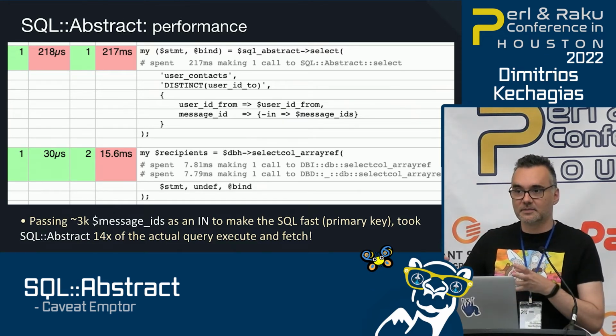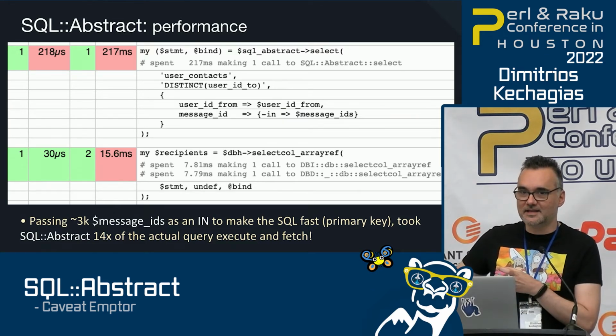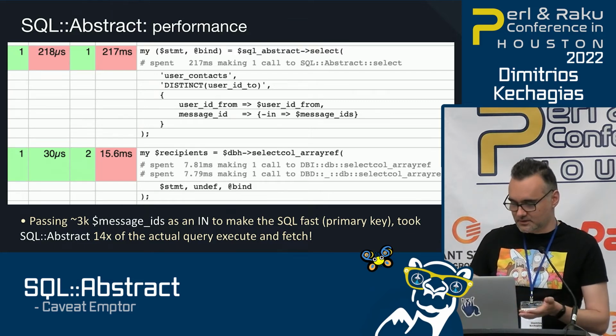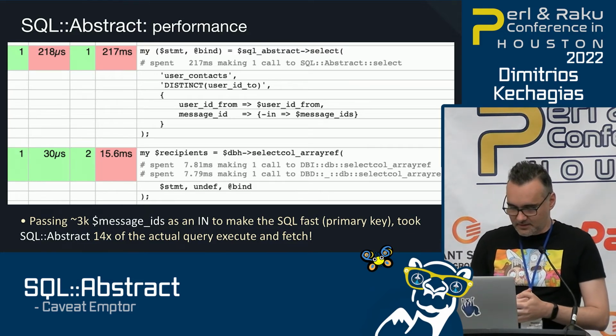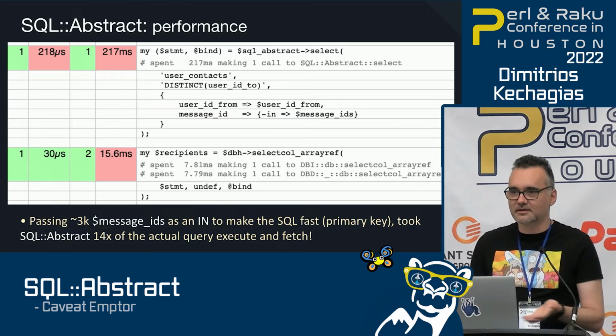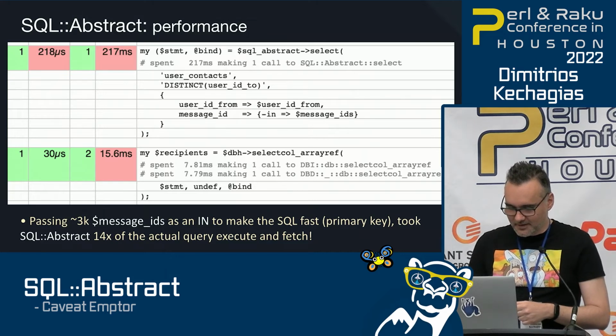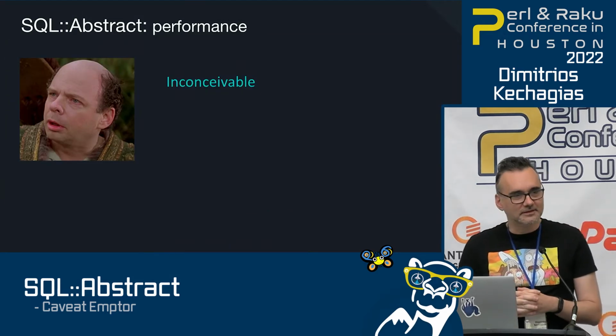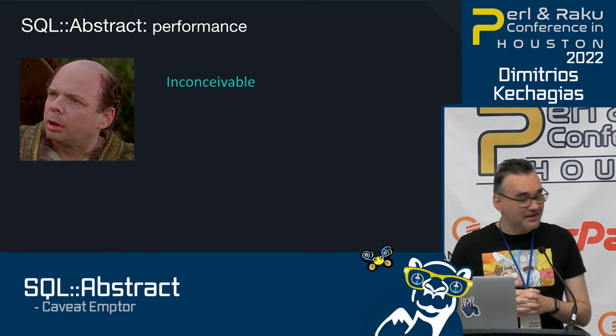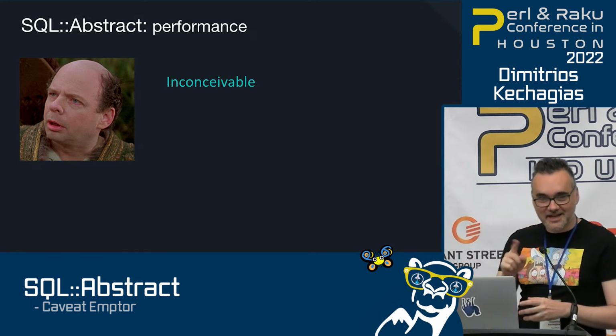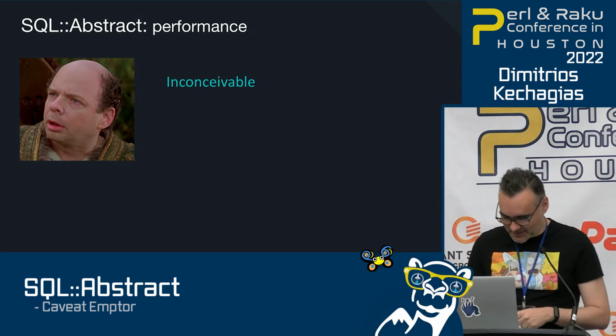So it was the batch, and it made the query very fast because of indices. But SQLAbstract added like a quarter of a second to each user processed. And I found that inconceivable. And I actually know what the word means.